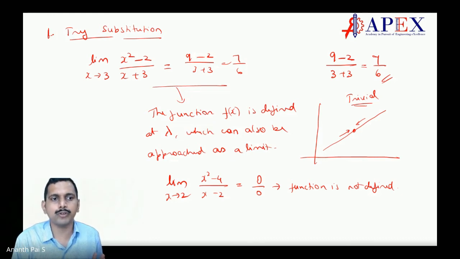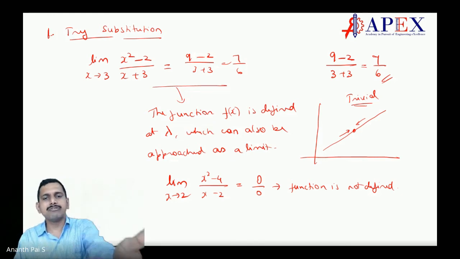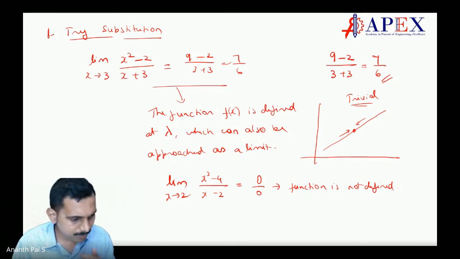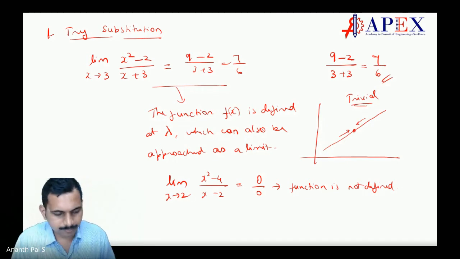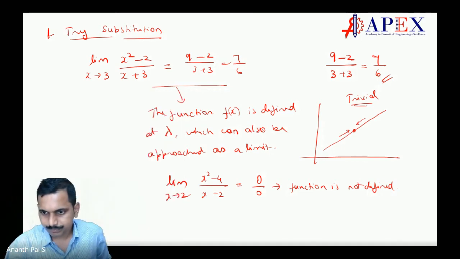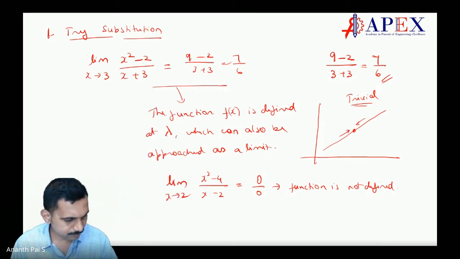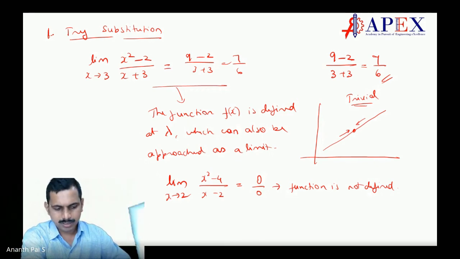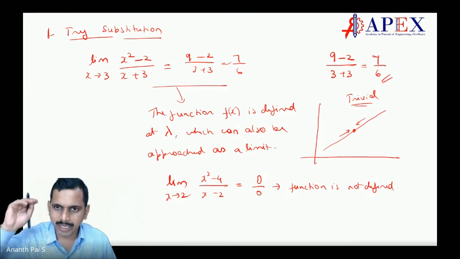If you go with only one substitution, we cannot do anything, so we have to go still further to see the limits. So next point. This is the first one, and step by step we are going through this. Write this down. And after this, I'll tell you, you will be able to solve any limit questions.